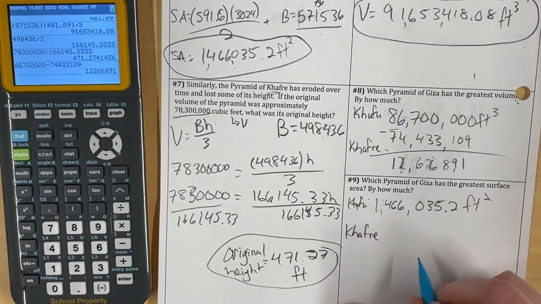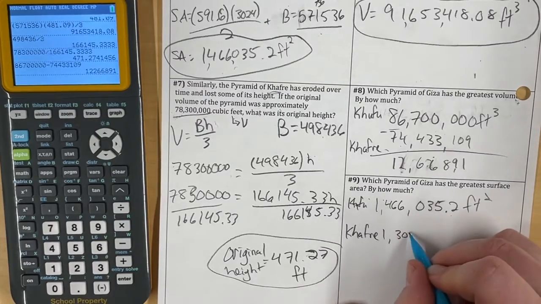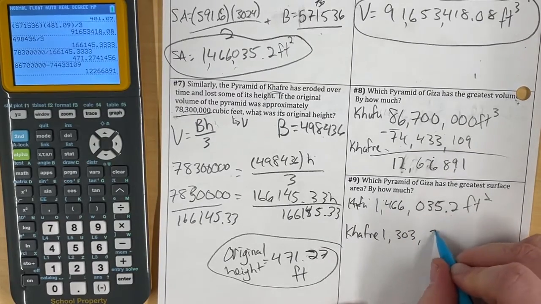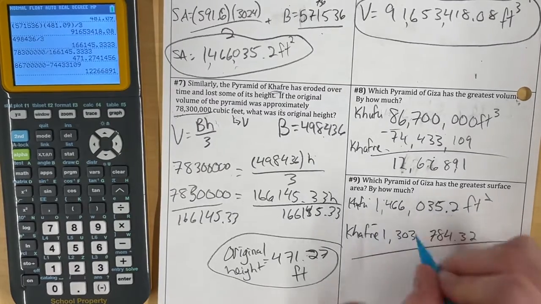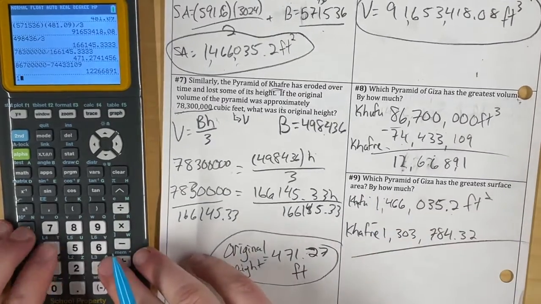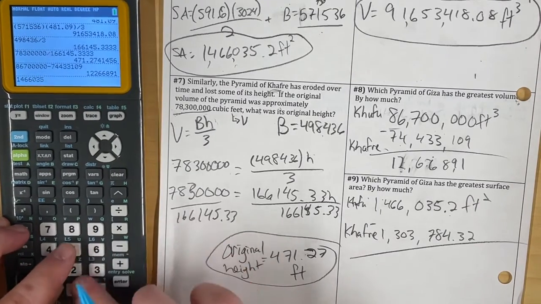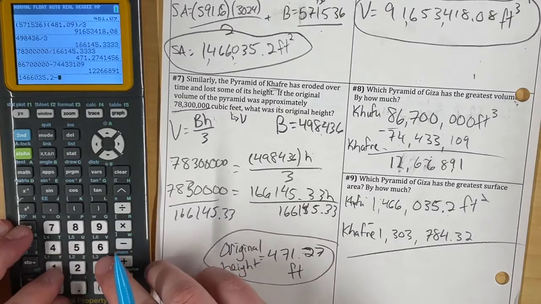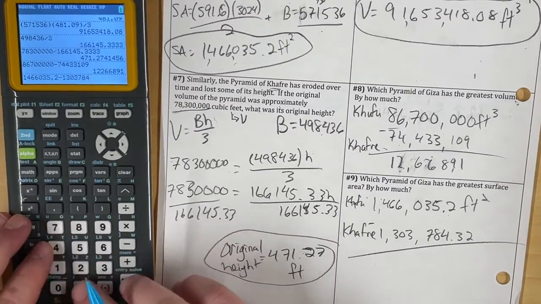So let's take the surface area, 1,303,784.32. Take the difference of those two, and we'll be good.